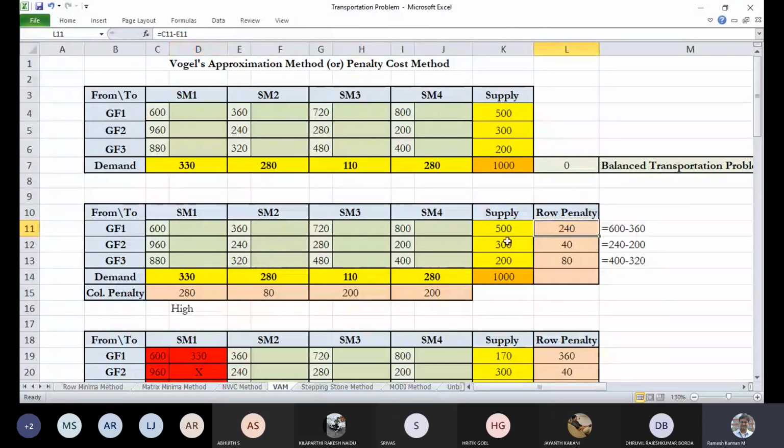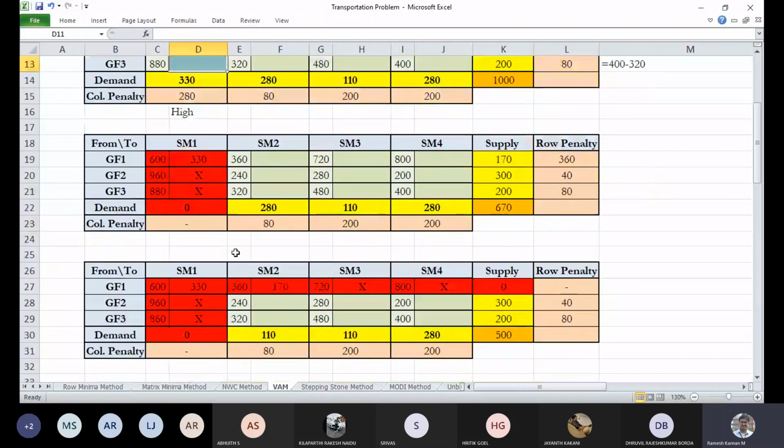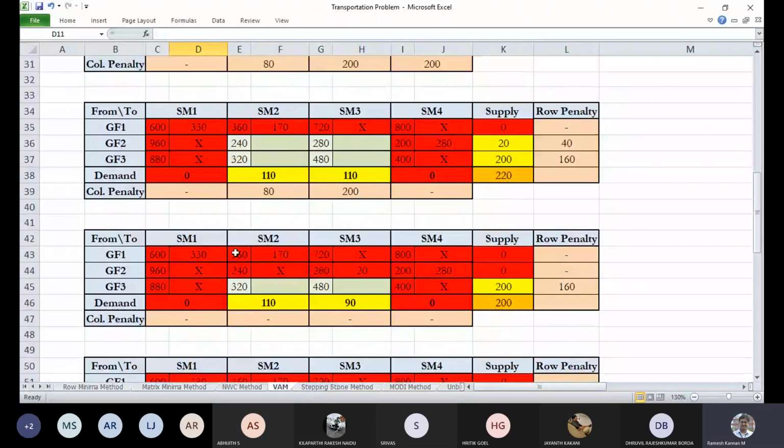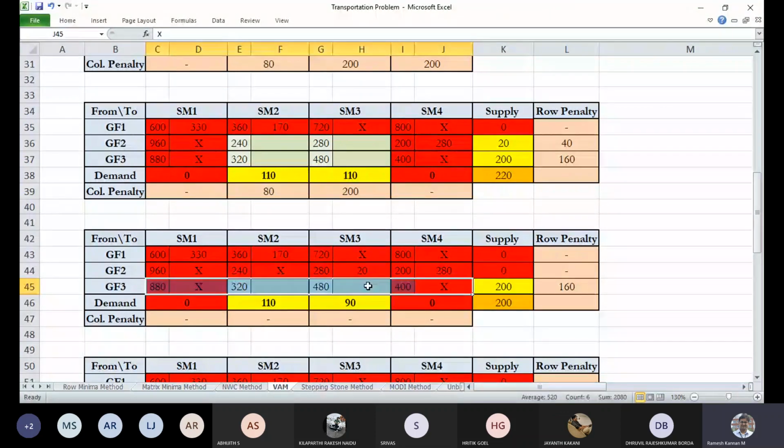For example, in this case 280 is higher, so we select this particular column and start allocating into the cell with the least transportation cost. Then in this case the row had the higher penalty, so we select this particular row and allocate in the cell that has the least transportation cost. And finally we end up with this allocation.